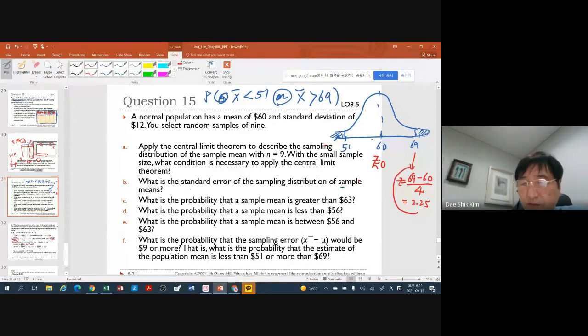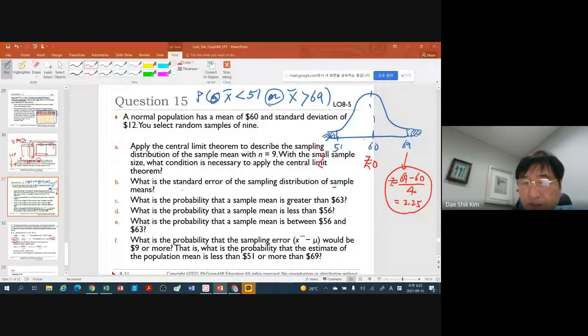Equivalent, this is z equal to minus 2.25, and then the yellow area and z equal to 2.25.